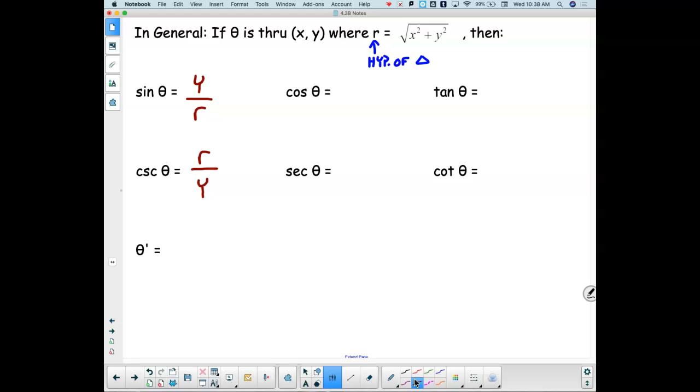Cosine, straight underneath you. What would cosine be? X over r, which makes secant r over x.